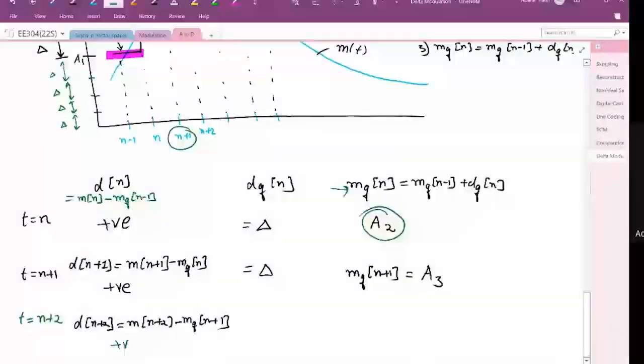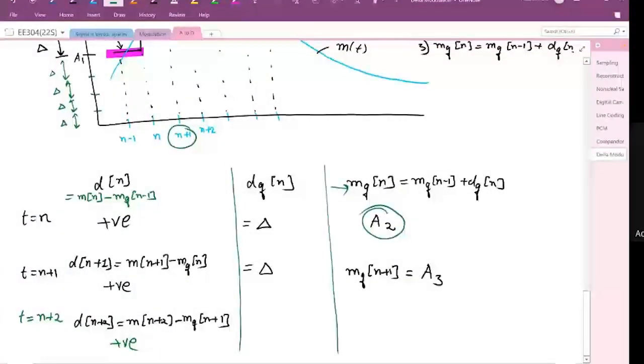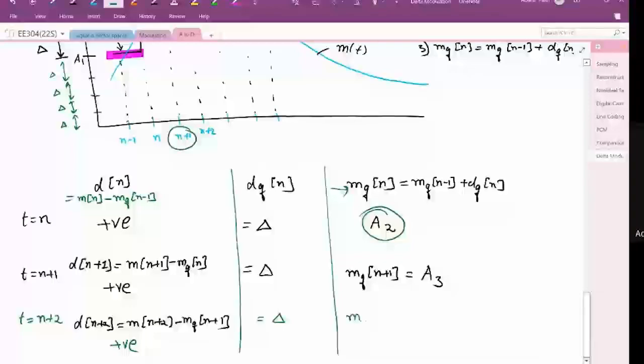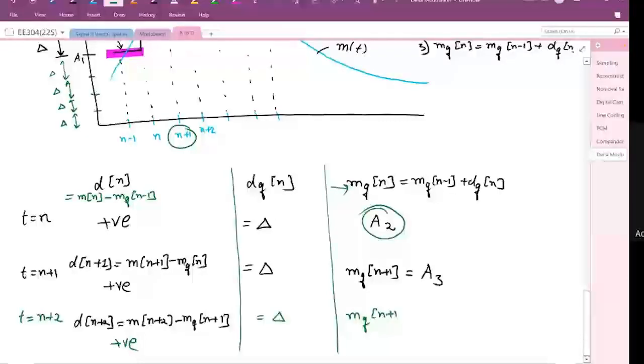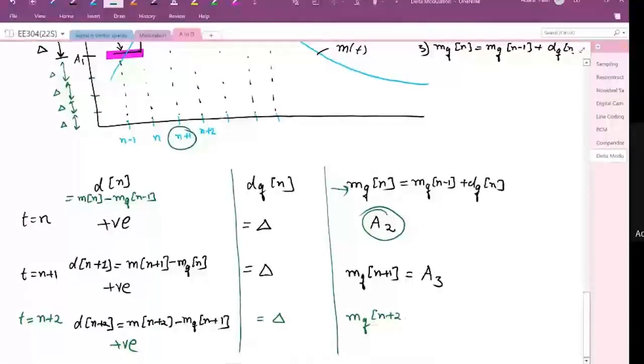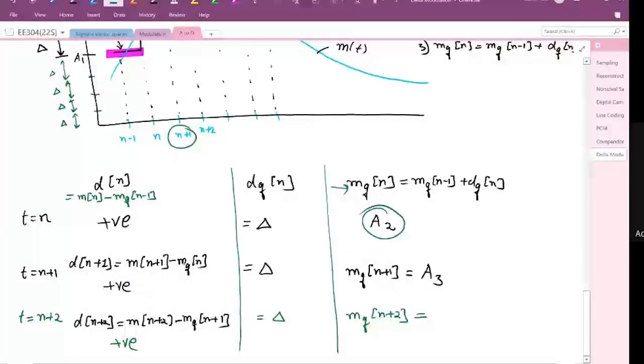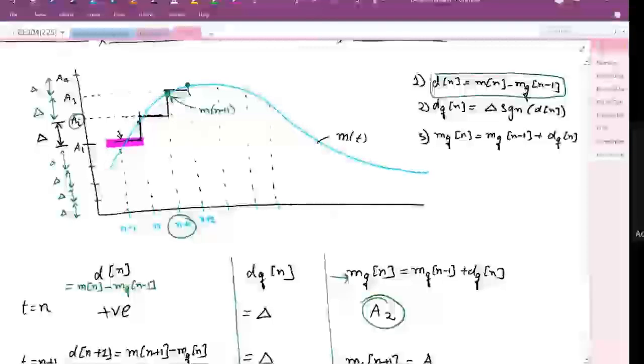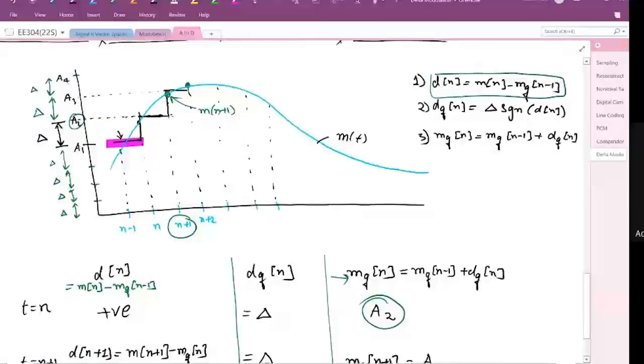Positive. So in that case, the value of dq will again be del. And what is the value of mq n plus 2? If I go back here, what is this value?